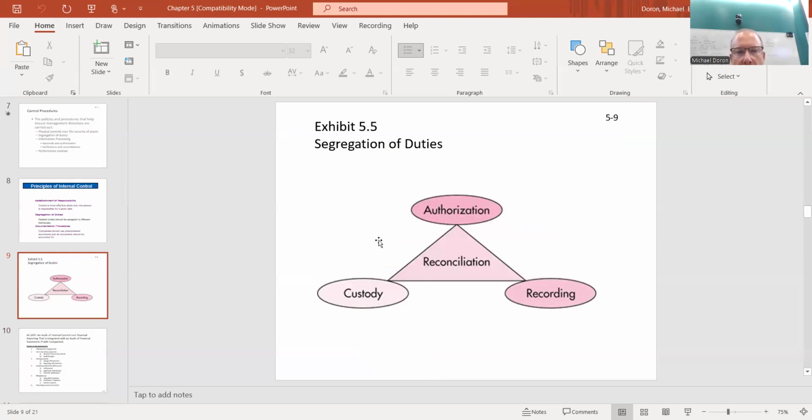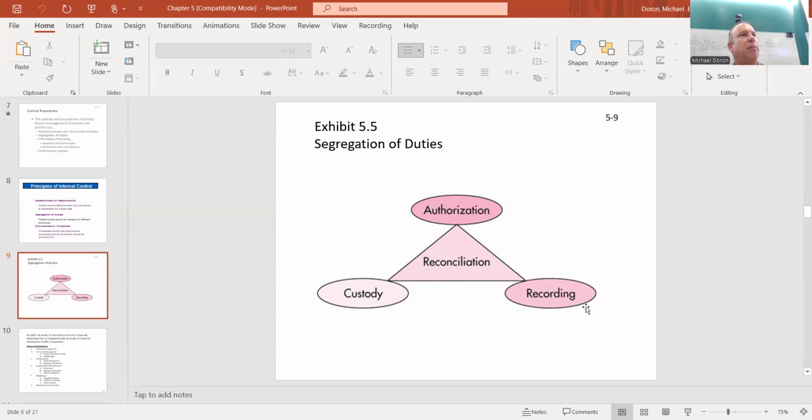Okay, this is important. Segregation of duty. So we're going to talk about it in more detail here. Ideally, there should be four people involved in every transaction. Somebody authorizes the transaction, like you can buy a copier. Somebody records it. You have a bookkeeper who does the debit equipment, credit accounts payable.